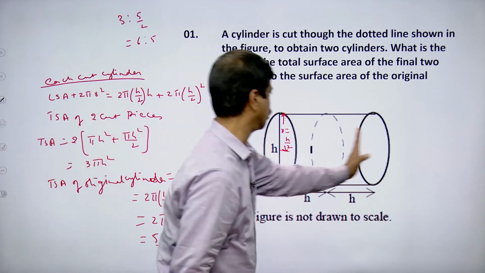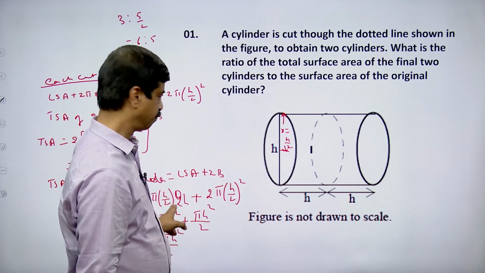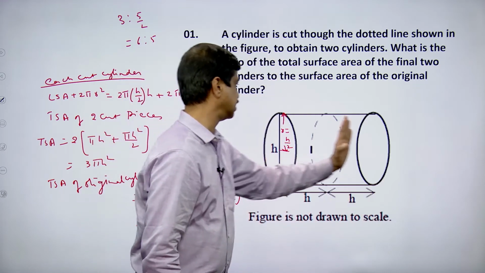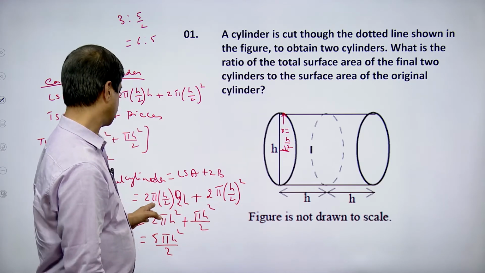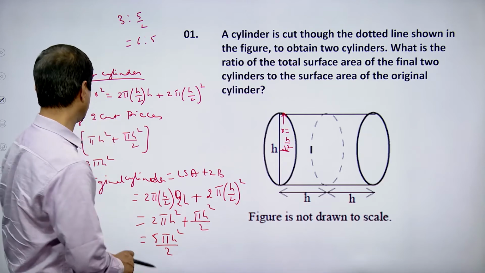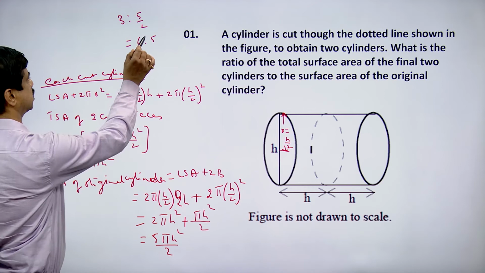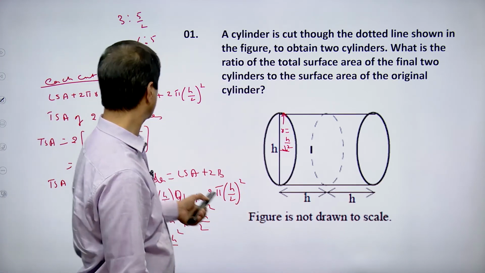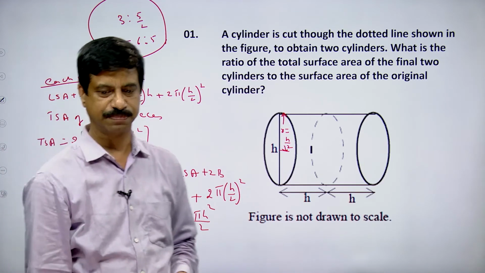Total surface area of the original cylinder is LSA 2 pi r, r is h by 2, into height 2h, plus 2 times 1 base here, 1 base here, 2 pi r square, with r as h by 2 whole square. If you take the LCM here, you will get 5 pi h square by 2. Ratio means 3 pi h square by 5 pi h square by 2. Pi h square gets cancelled, you will get 6:5. This is the final answer. Okay children, please note it fast, quick.